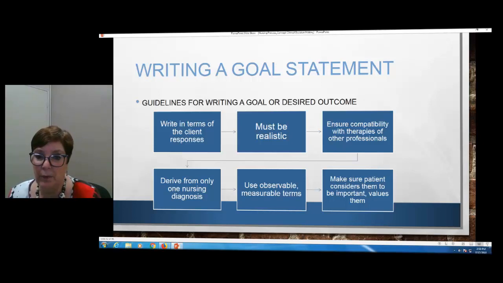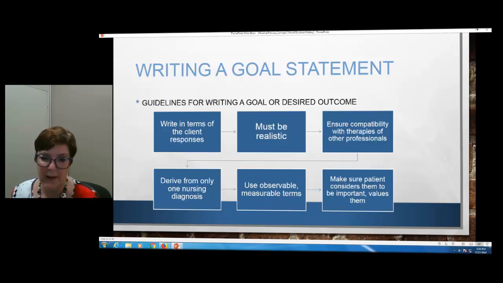We may be saying we want this patient to increase their fluids to 2,500 milliliters, but if we see that speech therapy has been ordered, we need to check with the speech therapist. Is this realistic for this patient? Is there some kind of swallowing issue this patient may be having that's going to keep this patient from taking in that much fluid?